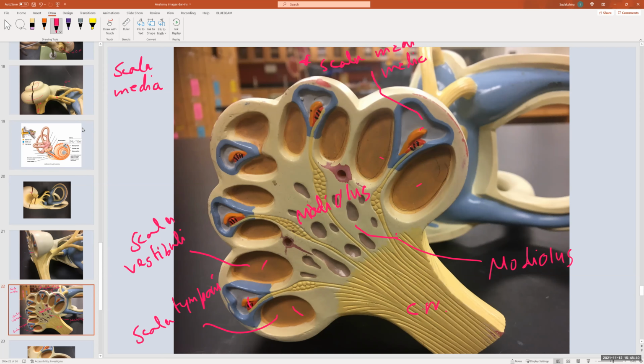Scala tympani, scala vestibuli, scala media. Scala vestibuli is filled with perilymph. Scala tympani is filled with perilymph. Scala media is filled with endolymph. And these 3 tracks are going around the modiolus, the bony part, all of this.